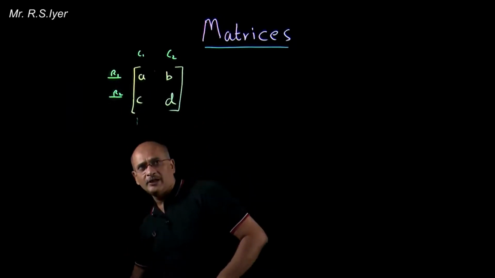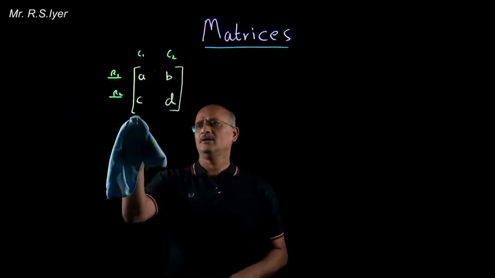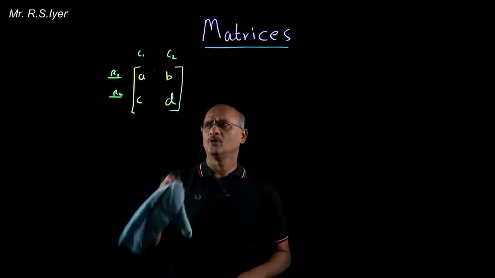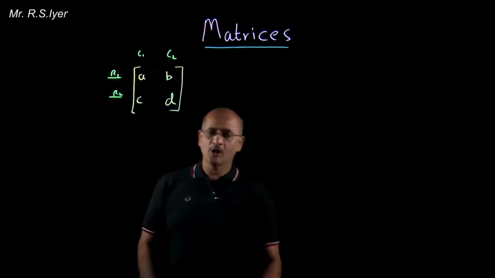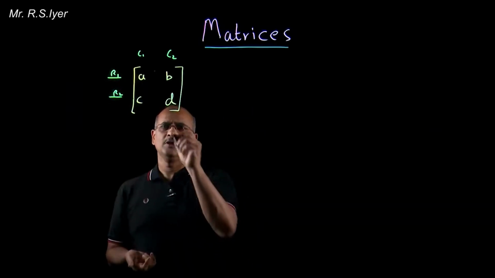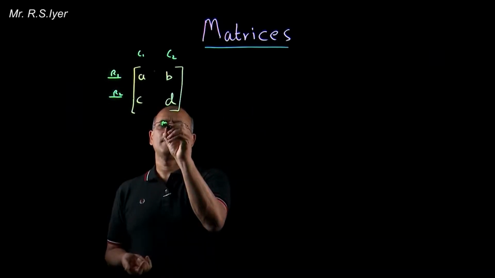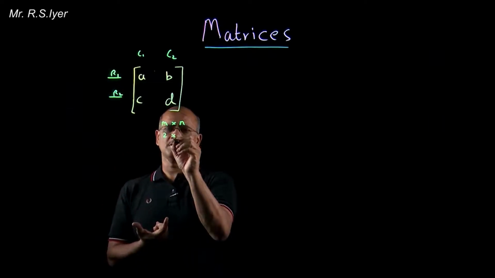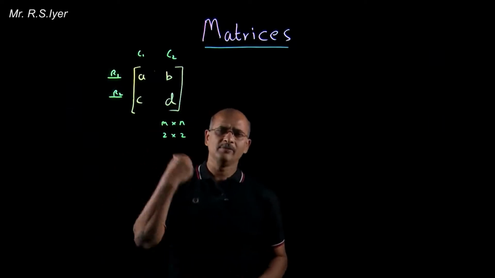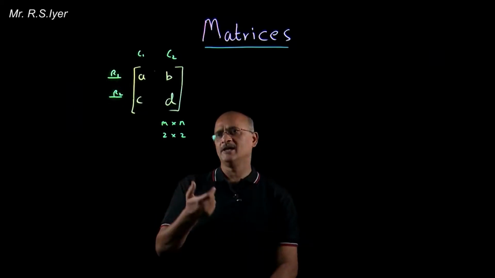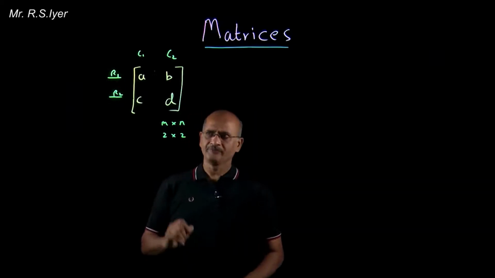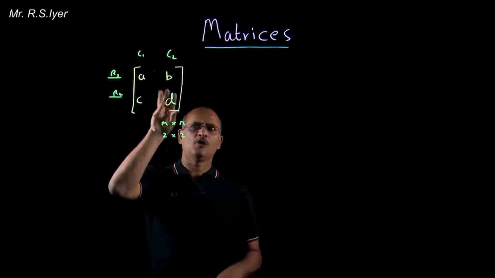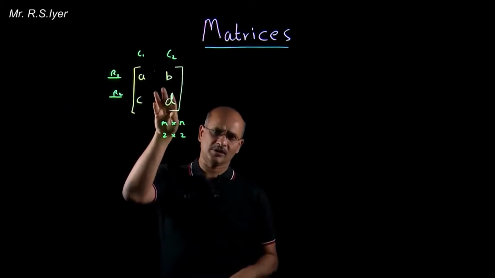The order of this matrix you already know, it is given in the form of m into n. In this case it is 2 rows and 2 columns. So m stands for the number of rows and n stands for the number of columns.